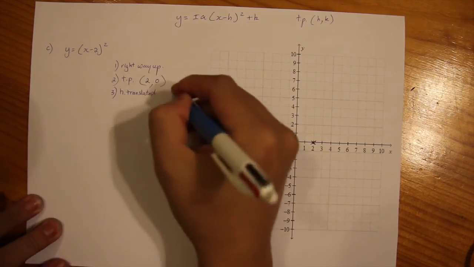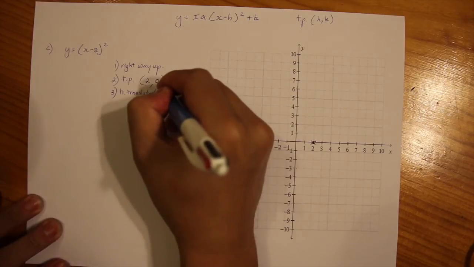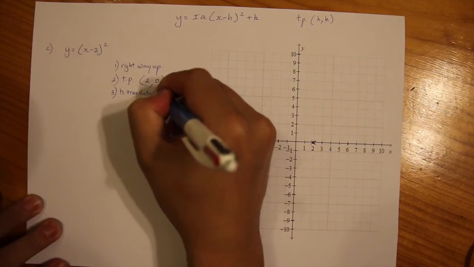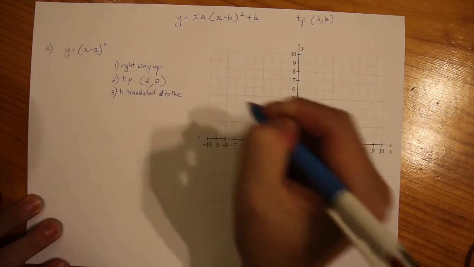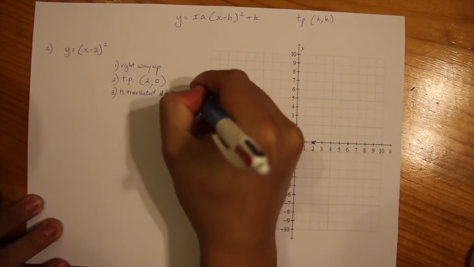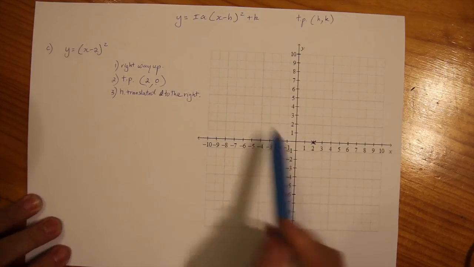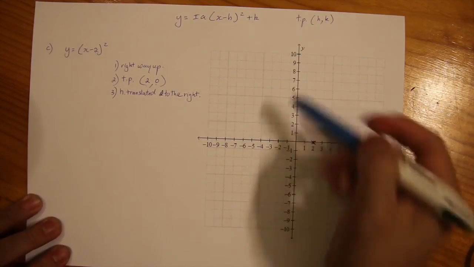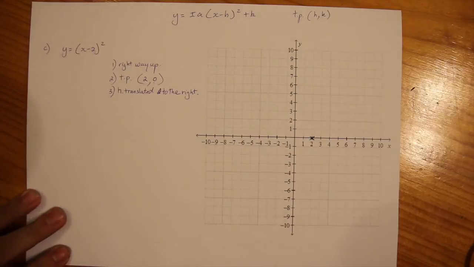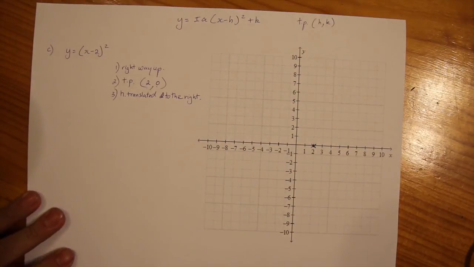Horizontally translated to the right. Okay, so it's going to move 2 units to the right in comparison to y equals x squared.